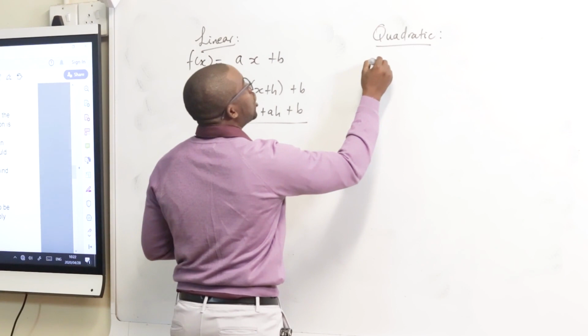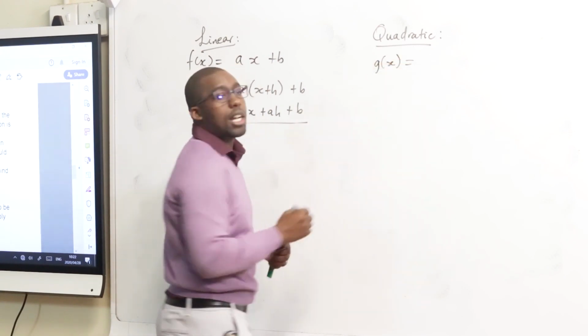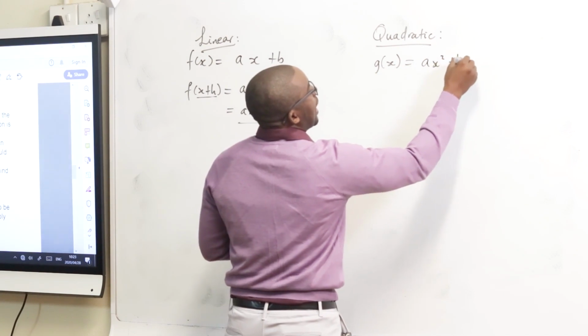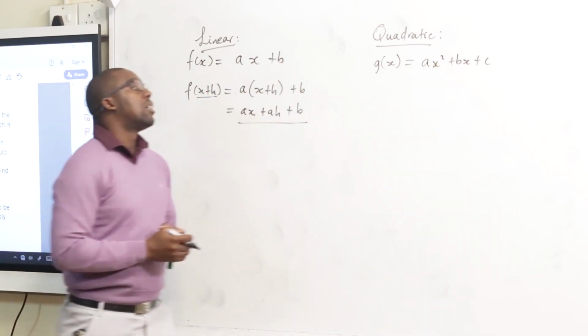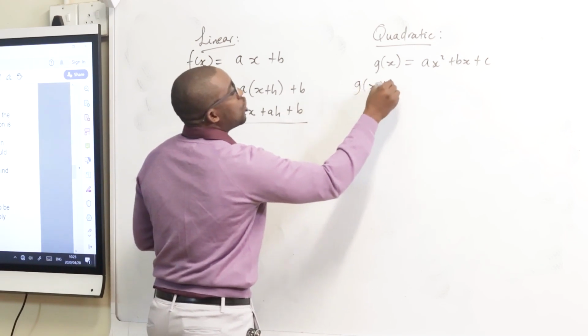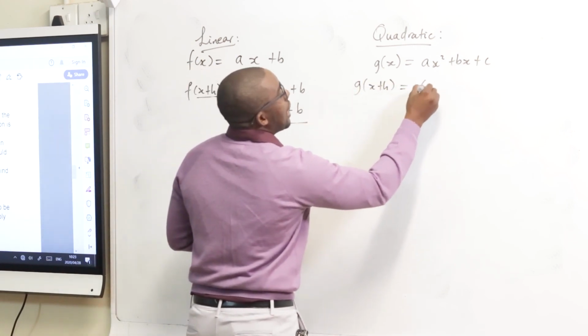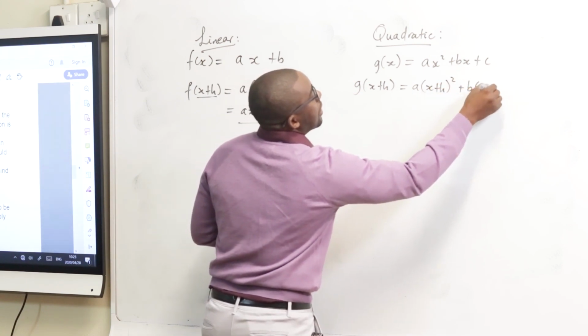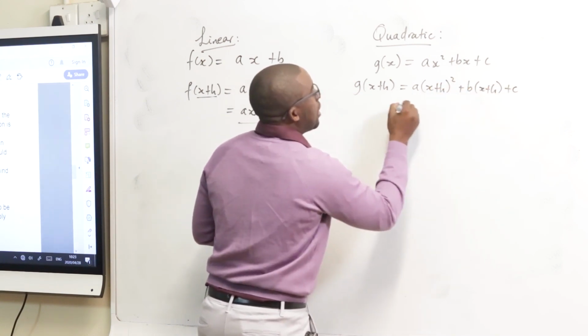So if we had g of x, a quadratic, it would look in this form: ax squared plus bx plus c. Now when you are substituting, g of x plus h is going to be a times x plus h squared plus b times x plus h plus c.